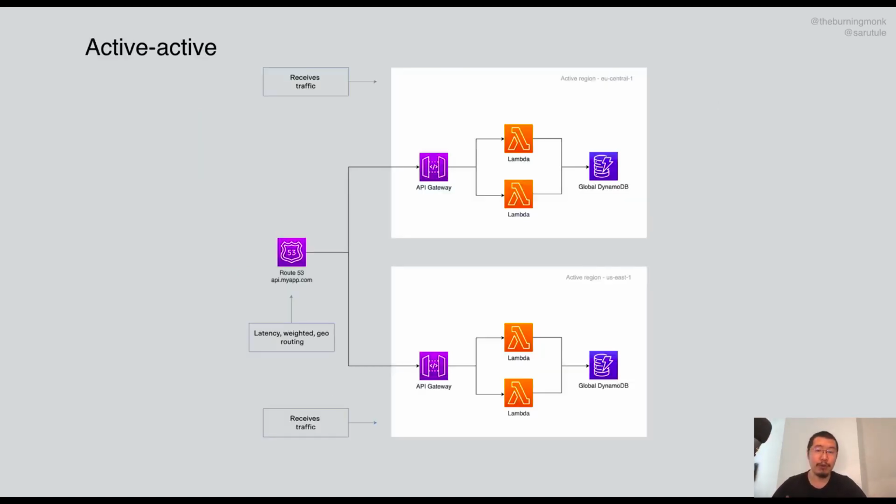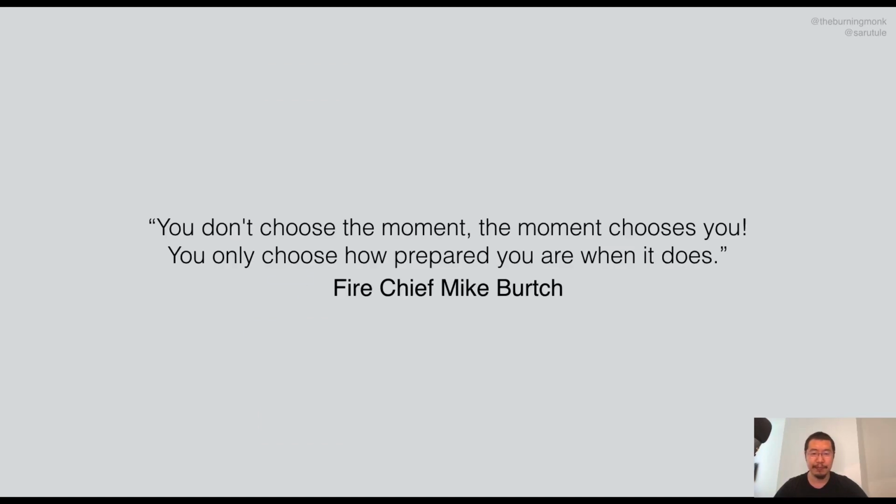And also the gold standard when it comes to building a highly resilient serverless application, which is to go multi-region active-active, which luckily for us, if you're using fully serverless components like API Gateway, Lambda, and DynamoDB, is actually fairly easy to implement.